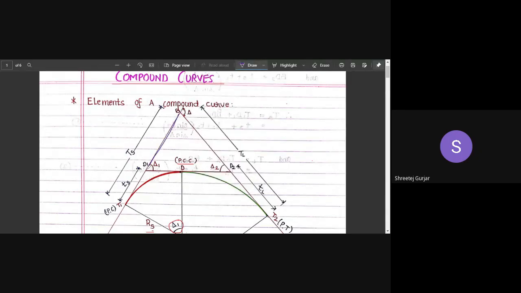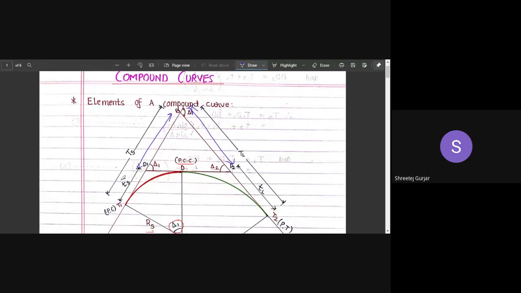This particular triangle BD1 D2 is the one we are concerned about, and we want to find out the length BD1. Similarly, we also need to find the length BD2.